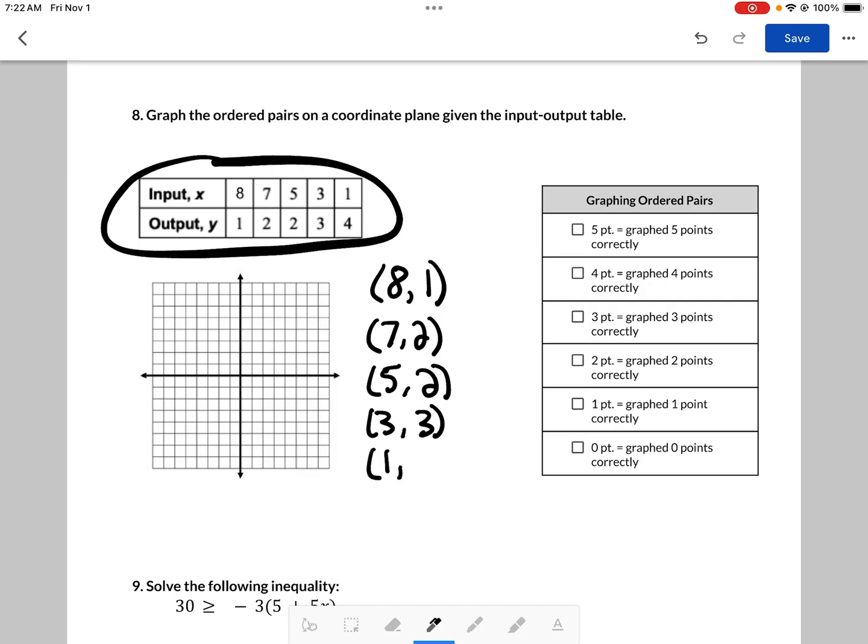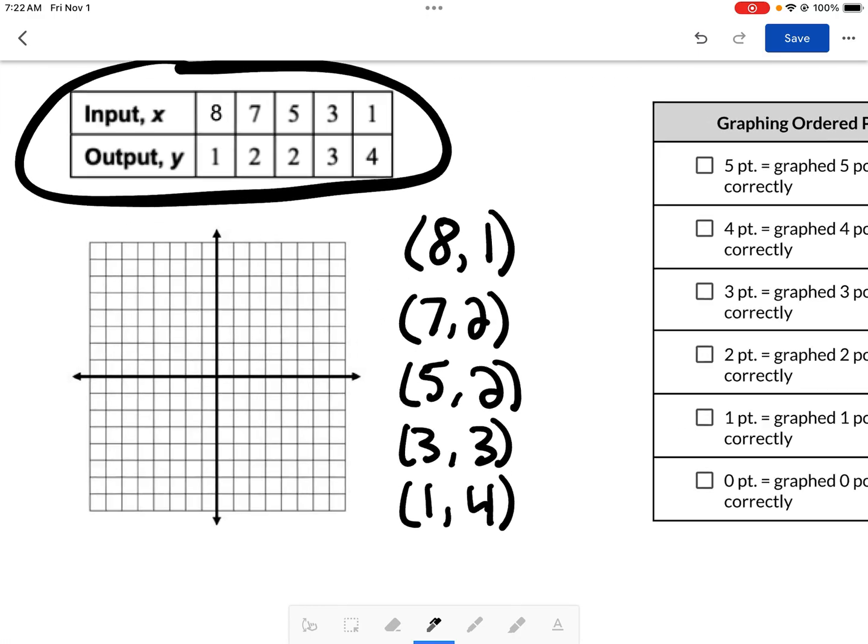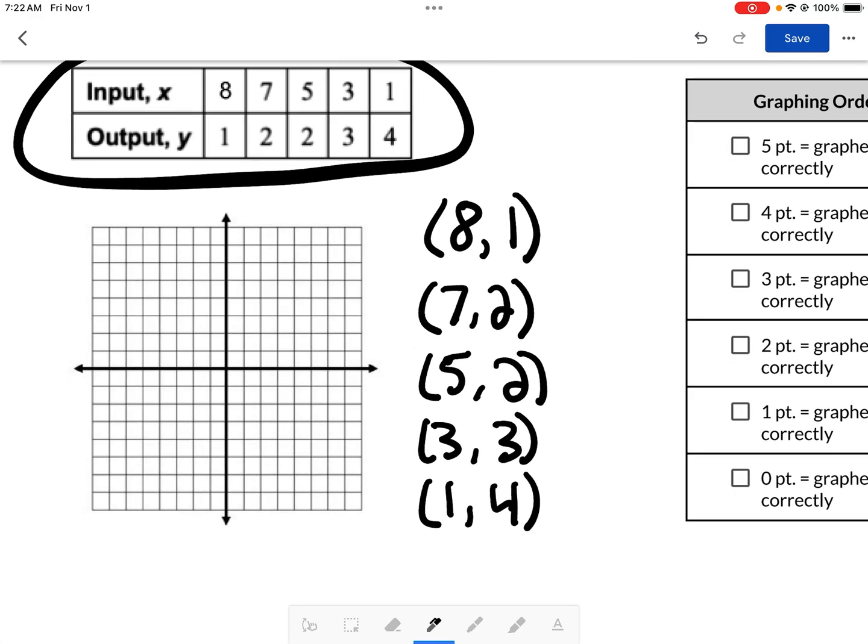And when I plot these points, I'm going left to right first, my x values first, so left to right and then up or down. So I'm going to make this a little bit bigger. 8, 1, I'm going to go to the right 8 and up 1. And then for 7, 2, I'm going to go to the right 7 and up 2.